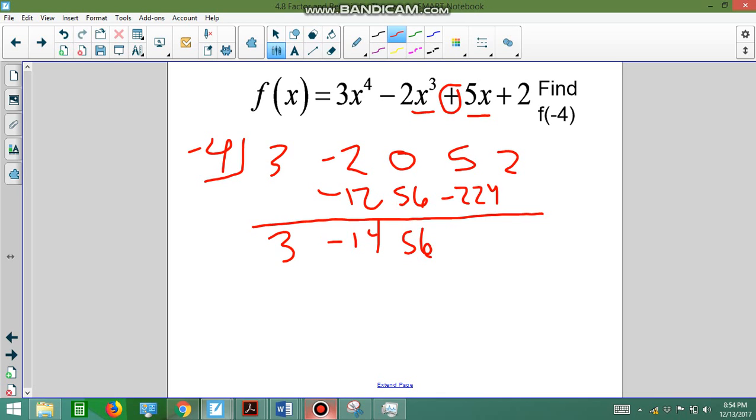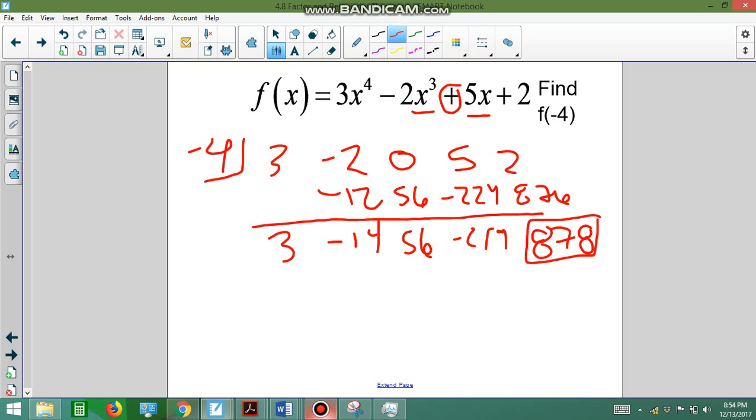Then negative 224 plus 5 is negative 219. Negative 219 times negative 4 is 876. And 876 plus 2 is 878.